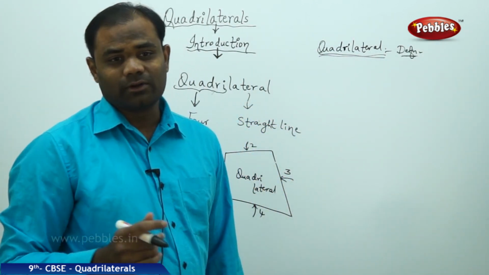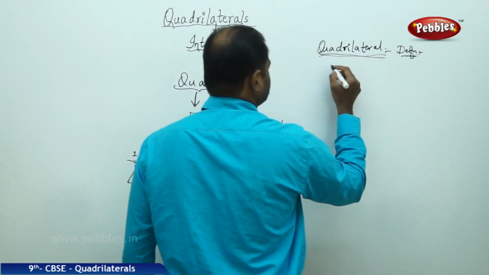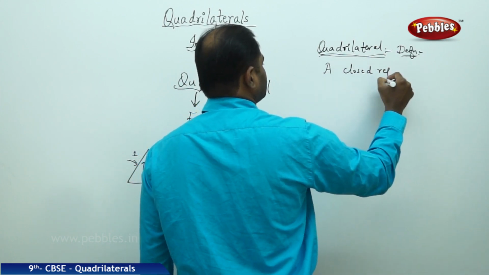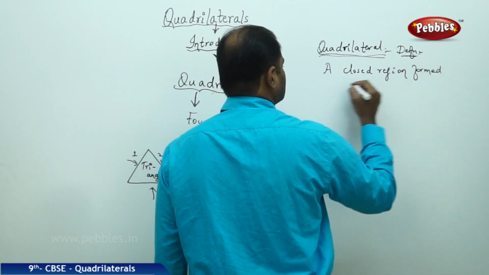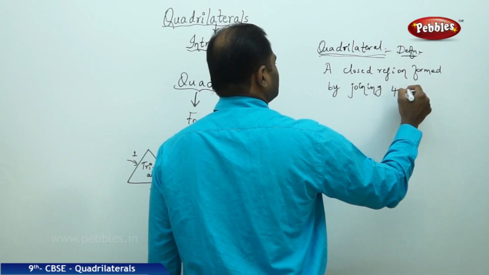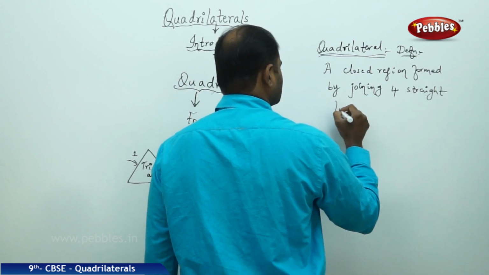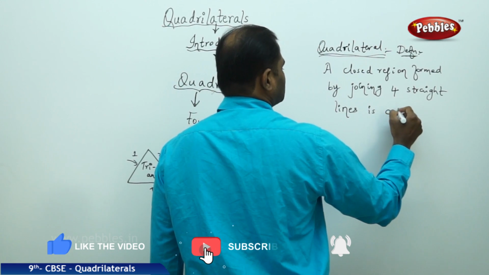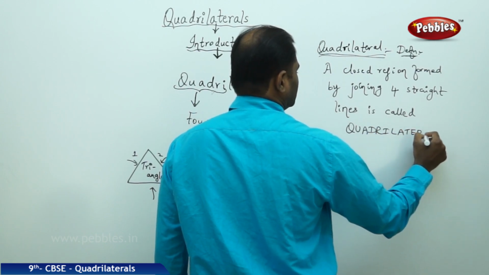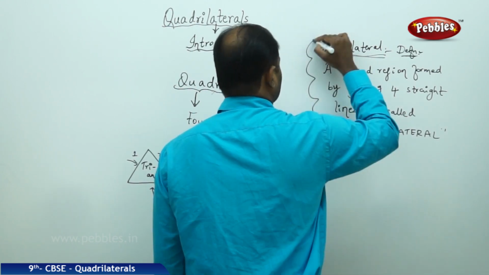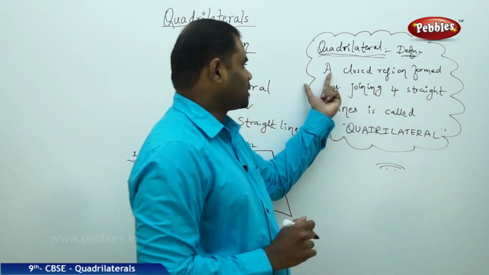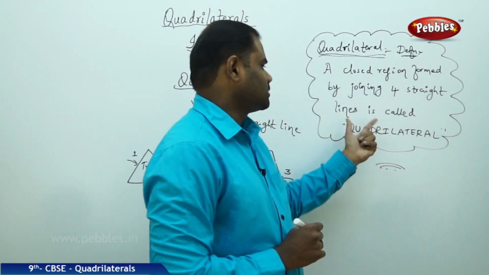So let's see how we can define a quadrilateral in words. Quadrilateral, in definition: a closed region formed by joining four straight lines is called a quadrilateral. That is how we define a quadrilateral.